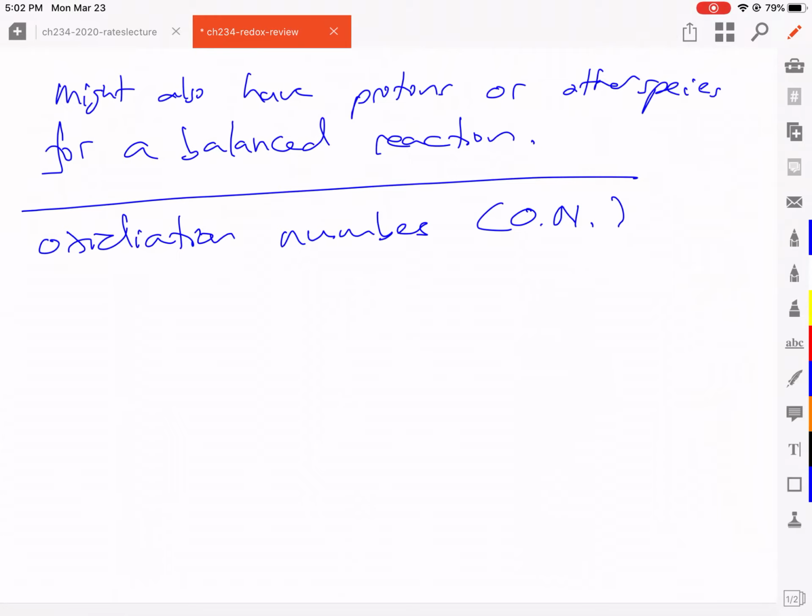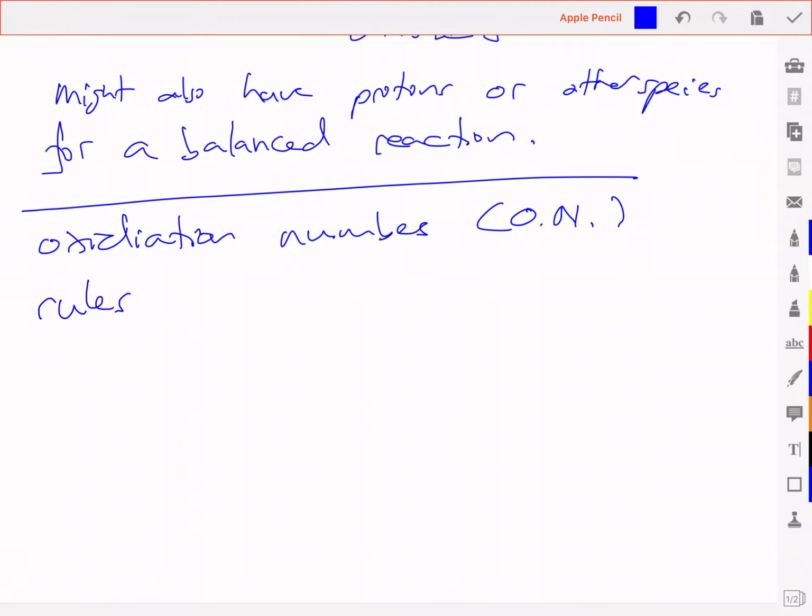And we have to have some rules for assigning oxidation numbers, and I want to emphasize these are just specific to this course. These are a simplified set of rules. I'm not going to ask you anything where you need to determine an oxidation number that these rules won't let you figure out, but they're also the rules that really, in day-to-day life, for me as an aquatic chemist, this is really all I ever have to think about.